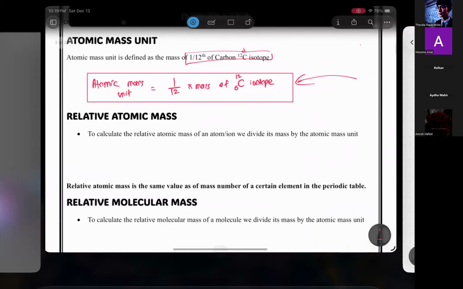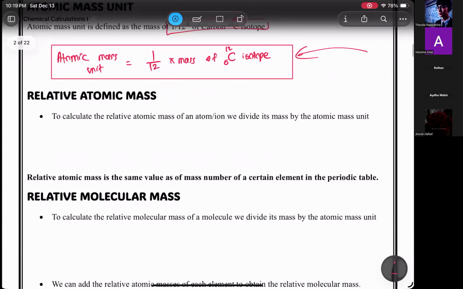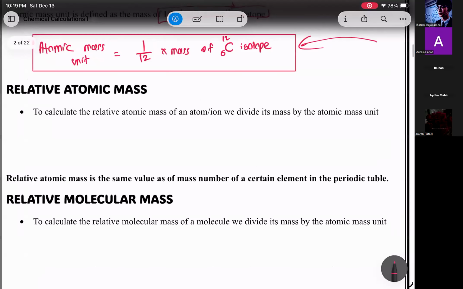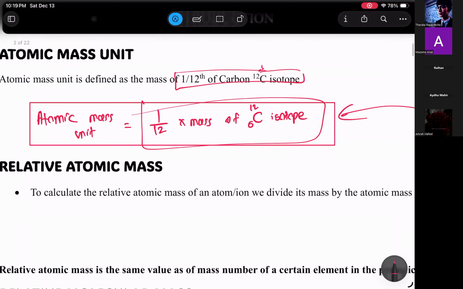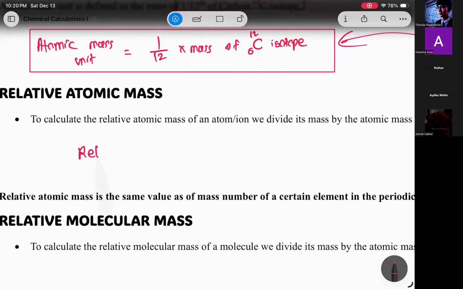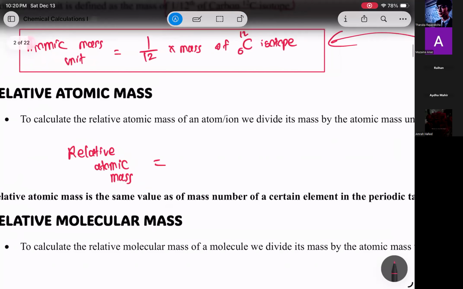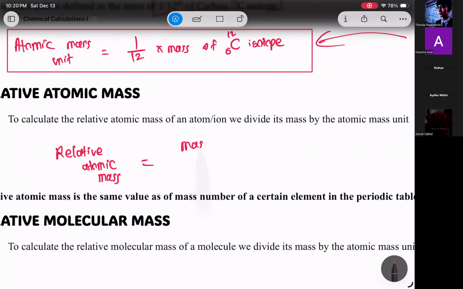Now let's go back to the definition. To calculate the relative atomic mass of an atom, we divide its mass by the atomic mass unit. Now, the atomic mass unit is 1/12 the mass of C-12, so you can write it that way also. Relative atomic mass is the mass of the atom which you are going to find, just like Peter, divided by the atomic mass unit.